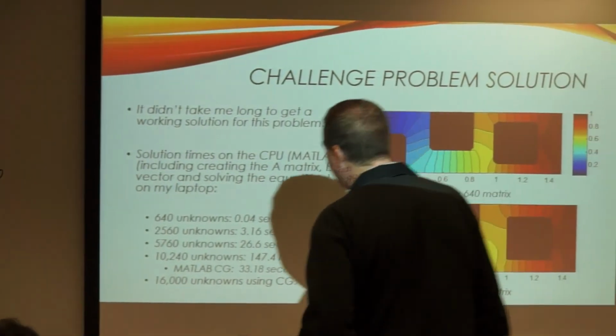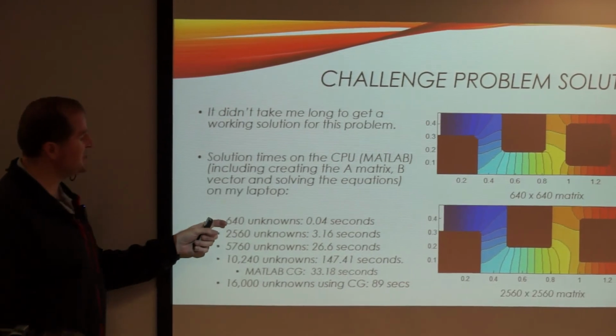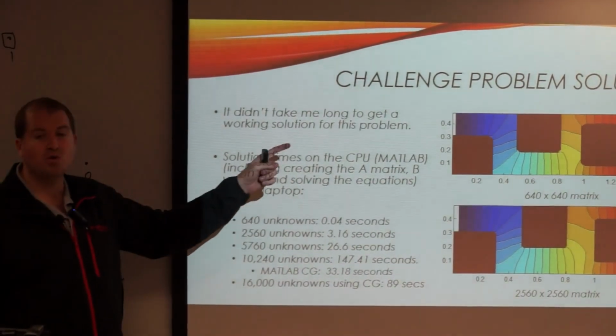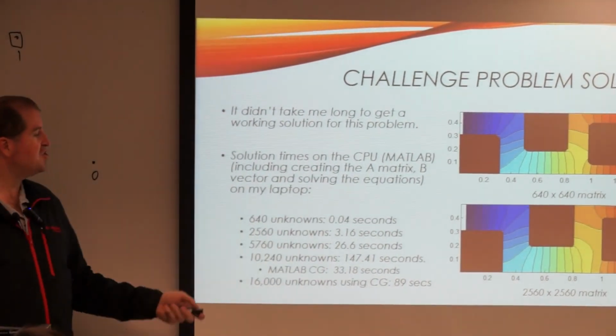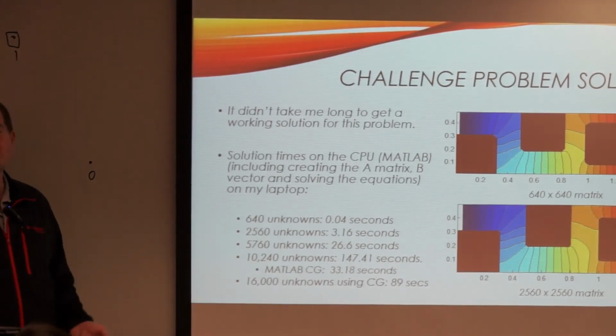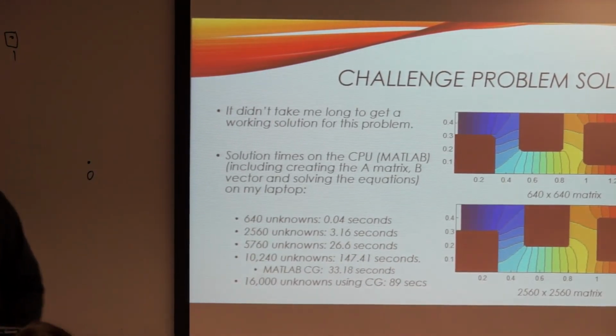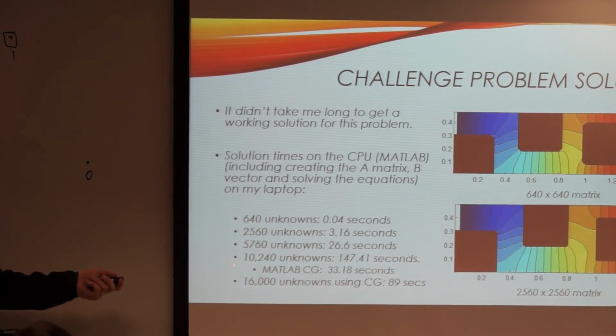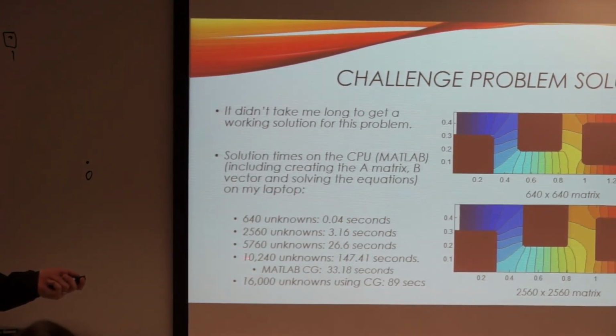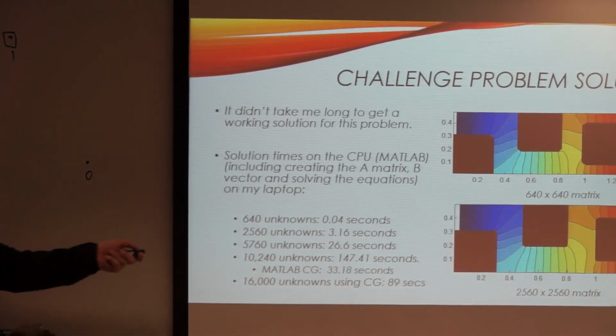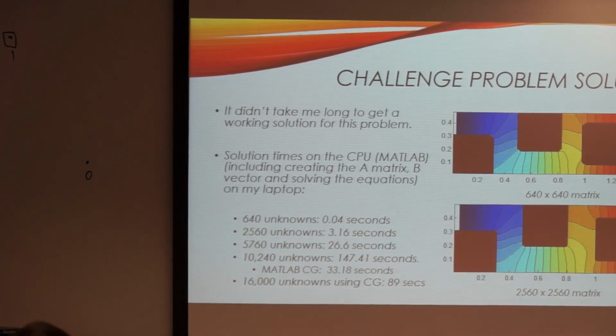If these are the computation times in MATLAB, you can see 640 unknowns, that's the total problem size, the total number of cells, took 0.04 seconds to solve in MATLAB. The problem is once you go up to a very large number of unknowns, once we hit 10,000 unknowns, that's like 100 by 100 cells.